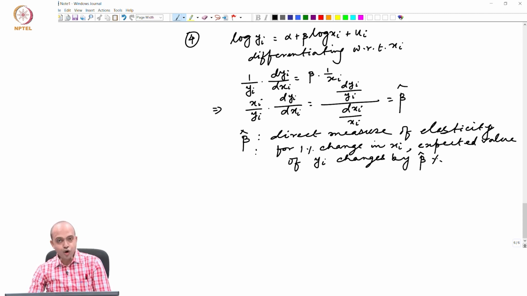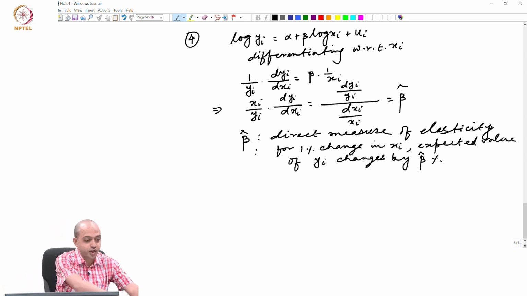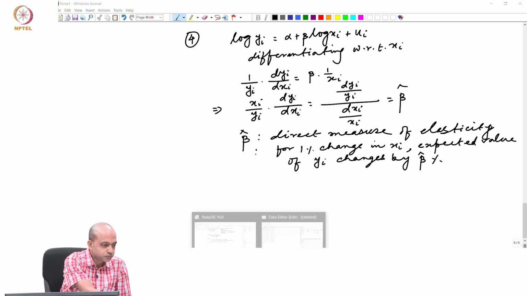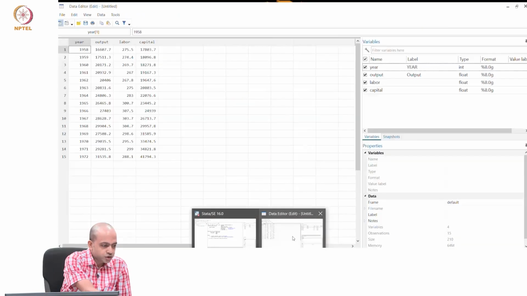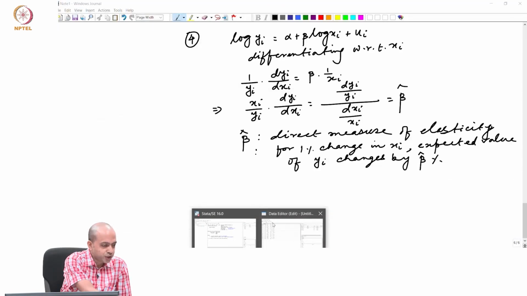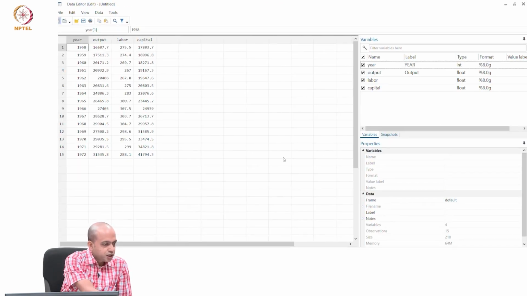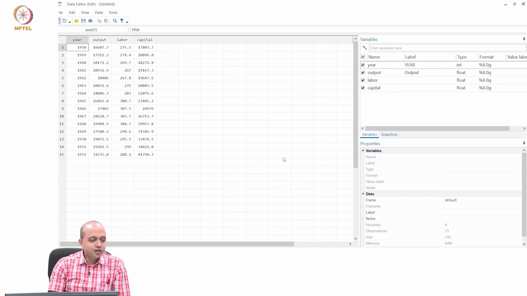Alright. Now we will take one data set and estimate these four alternative models and try to understand their interpretation. So, this is the data set. Here we have data on output, labor and capital. Basically, we are estimating a production function. These data would be useful later on also.